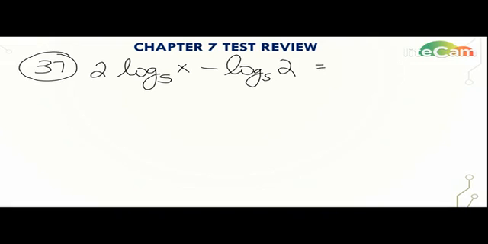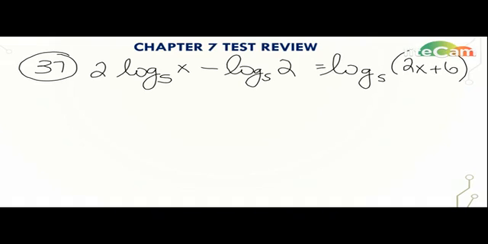Number 37. We have 2 times the log base 5 of x minus log base 5 of 2 equals log base 5 of 2x plus 6, which is all together.